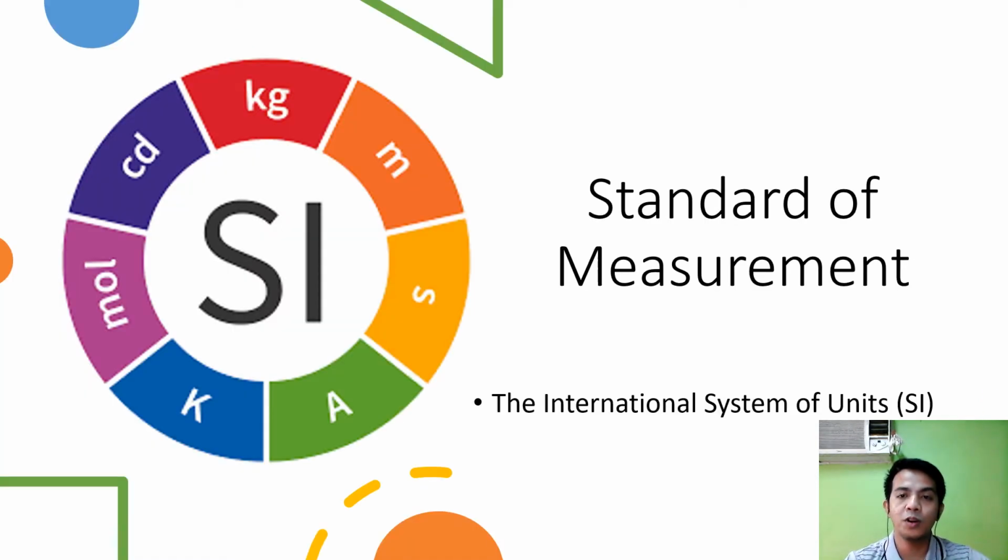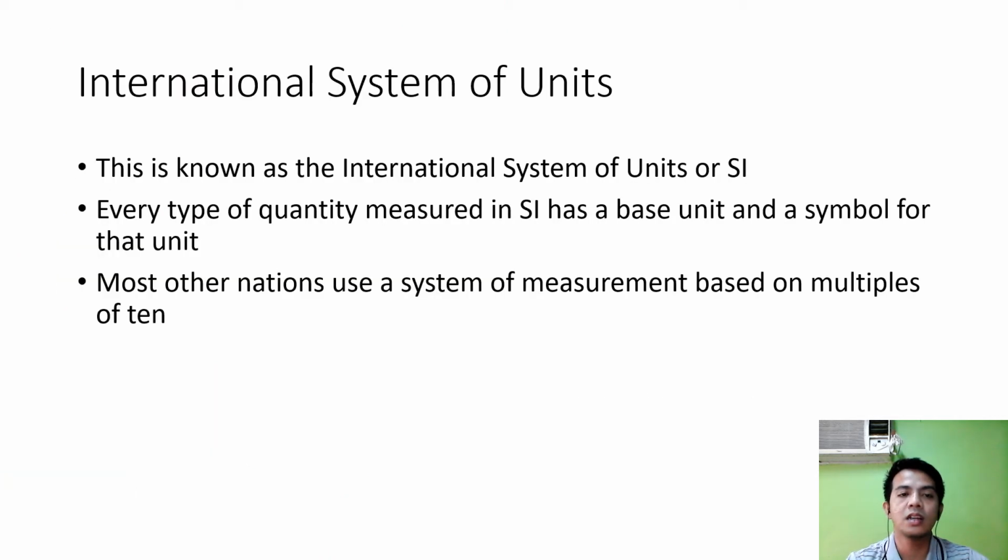Now let's move on to the standard of measurement, or the standard system of units. It was established in France in 1795 and adopted by International Agreement in 1960, and it is composed of 7 base units. This is the International System of Units, also known as the SI.